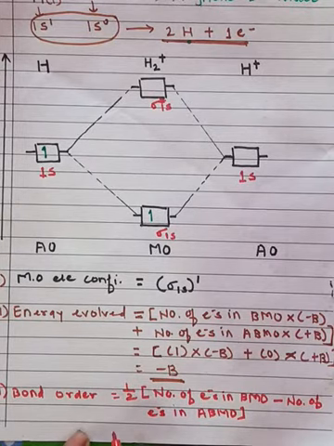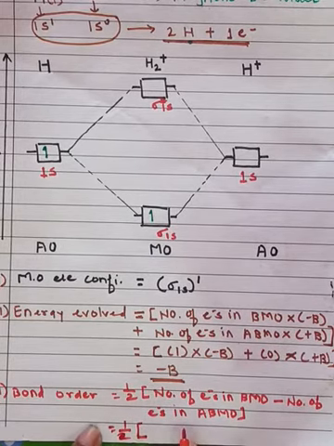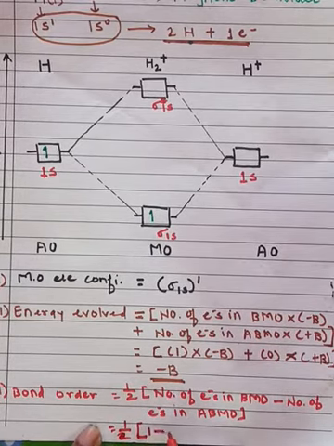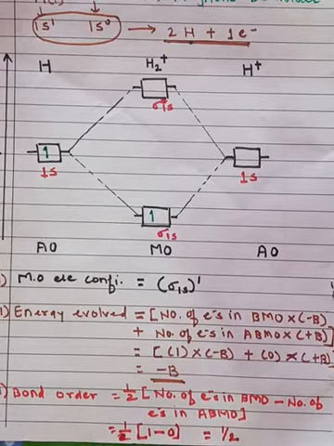So this becomes half into 1 minus 0, which equals 1/2. So we can say that this species is somewhat stable. It exists but is not common like H2, as H2 is more stable and it can be detected spectroscopically.